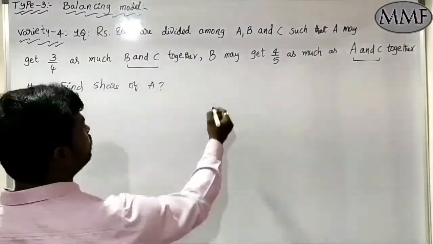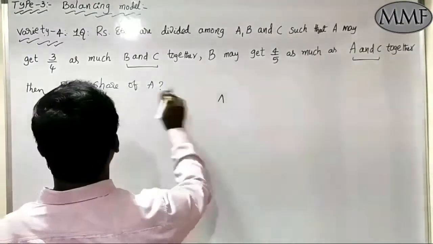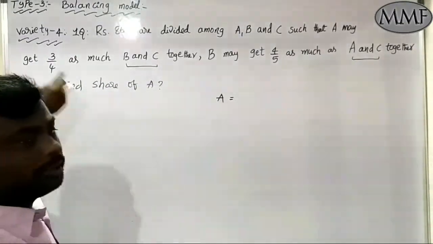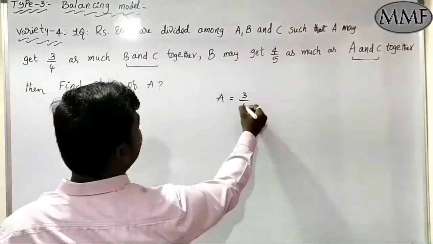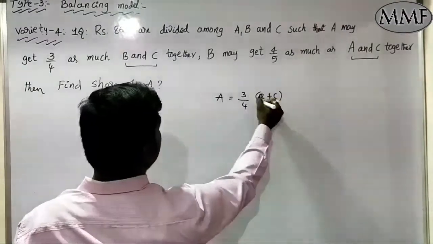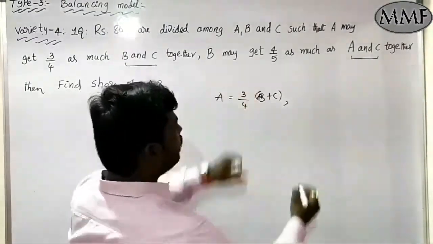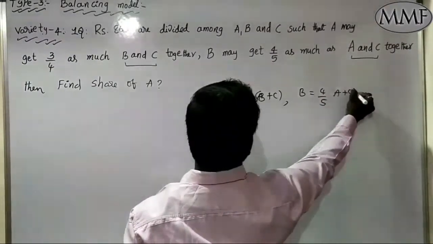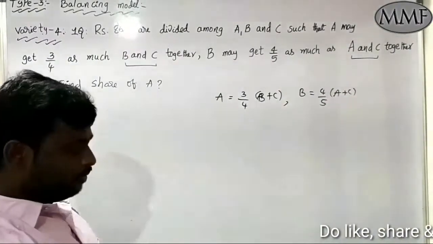Let's see what ratios A may get. A gets how much here? 3/4 of B and C. Clear? Then one more thing. B gets 4/5 of A and C. This is given. Very simple.